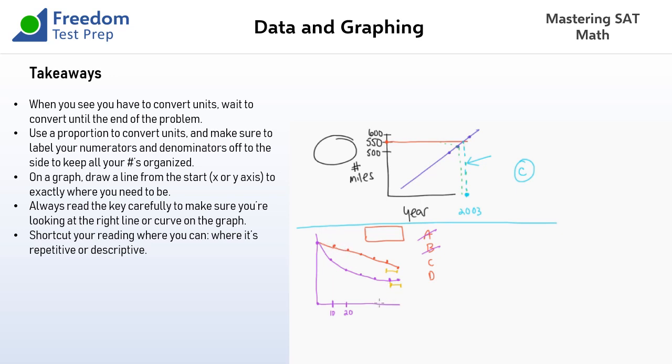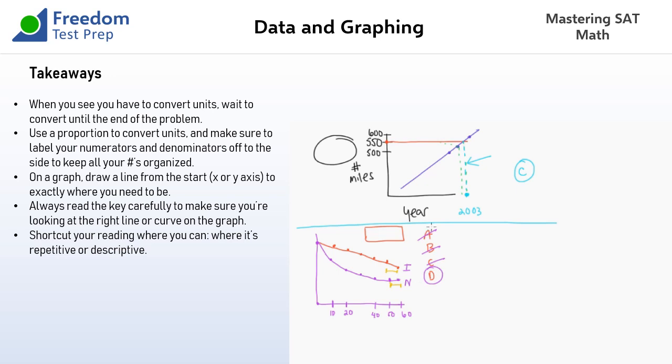And then from 40 to 50, let's see, this would be 30, this would be 40, this would be 50, and this would be 60 out here. Okay, the intervals from here to here, the rates of change of the non-insulated are greater. Well, we just said this is non-insulated and this is insulated. The non-insulated goes flat here. So that second half is not true. The answer has to be D.